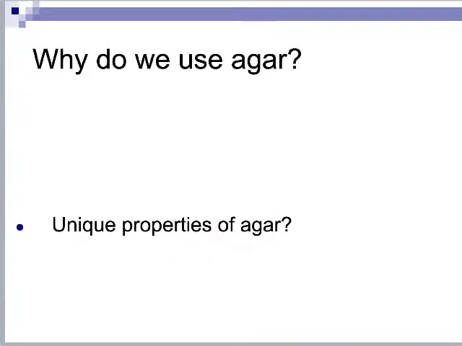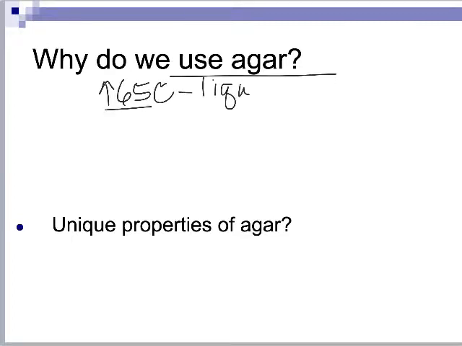So why do we use agar? We use agar because it has distinct properties. One is that above 65 degrees Celsius it's liquid, but then it forms a solid as it cools. The other thing is that bacteria don't break it down.